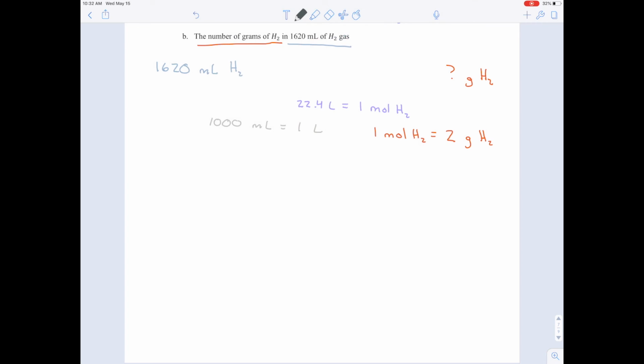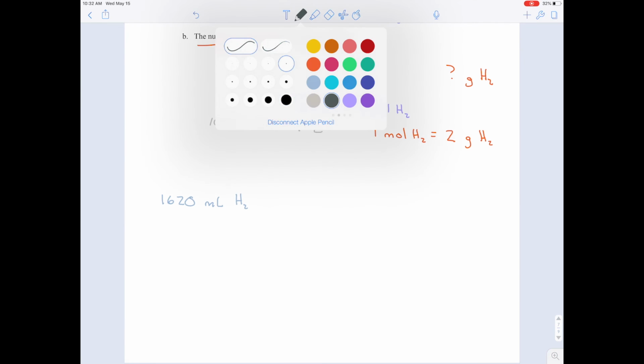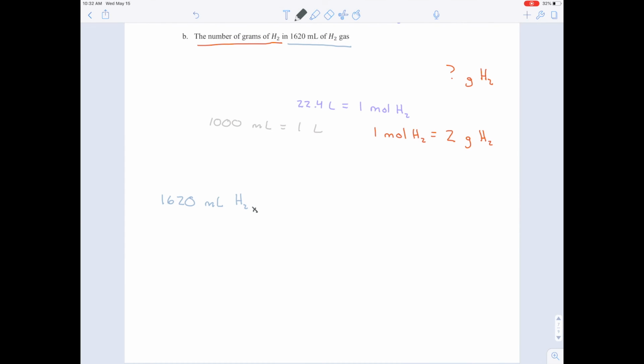All right. Once you have your conversion factors, you can take the number they give you, so 1,620 milliliters. Every time you do a conversion, write a multiplication sign, a fraction bar, and the units that you start with on top, you'll want to put on the bottom so that they'll cancel out. So here, that's milliliters. You'll take the side of the conversion factor that has milliliters.